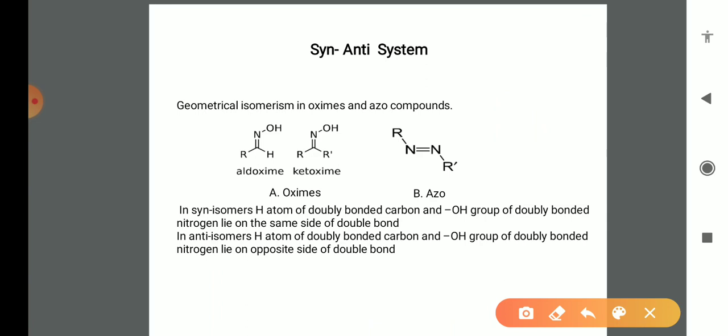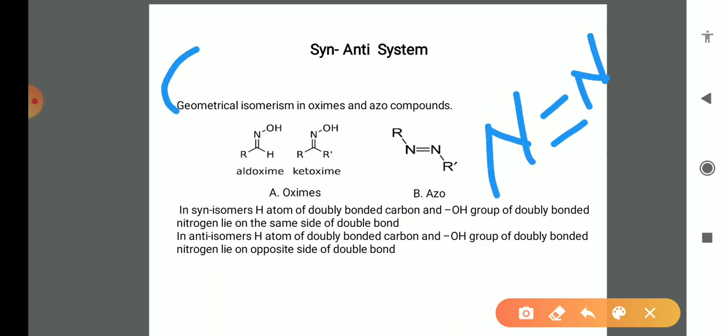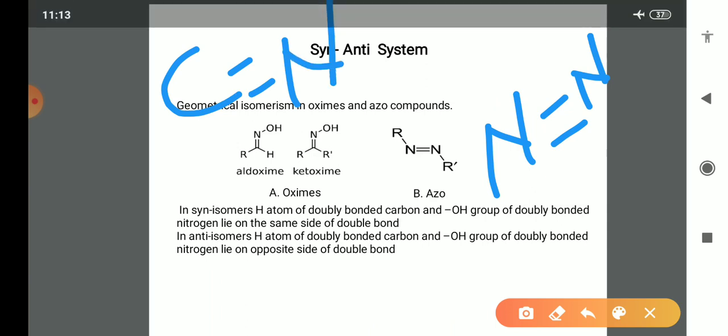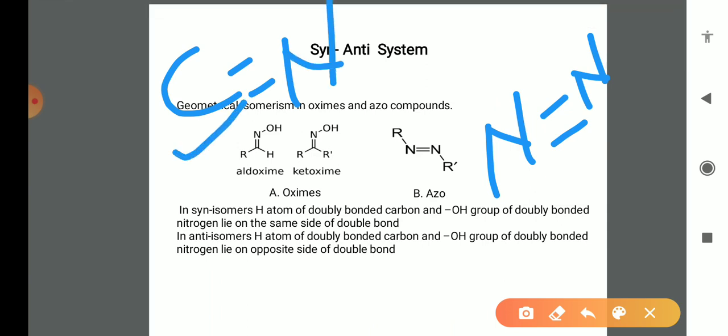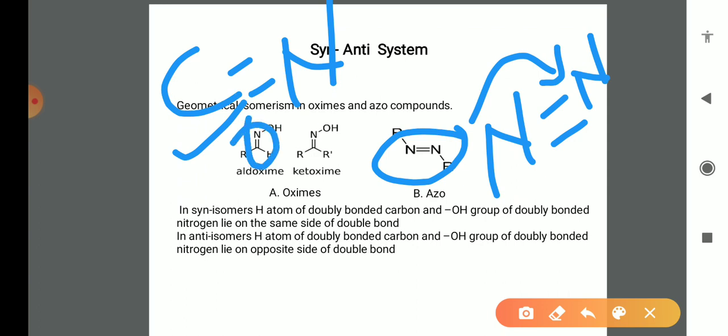Now azo is N double bond N. Now we see the chemistry in the C double bond N and the N double bond N. This is the azo and this is the C double bond N, which is called the oximes.